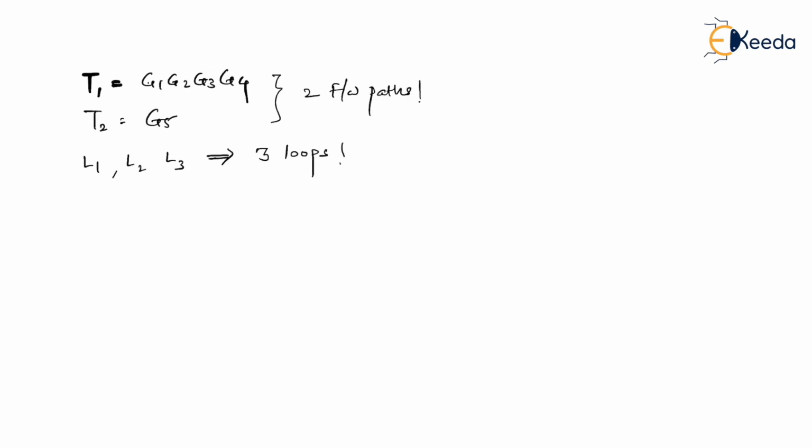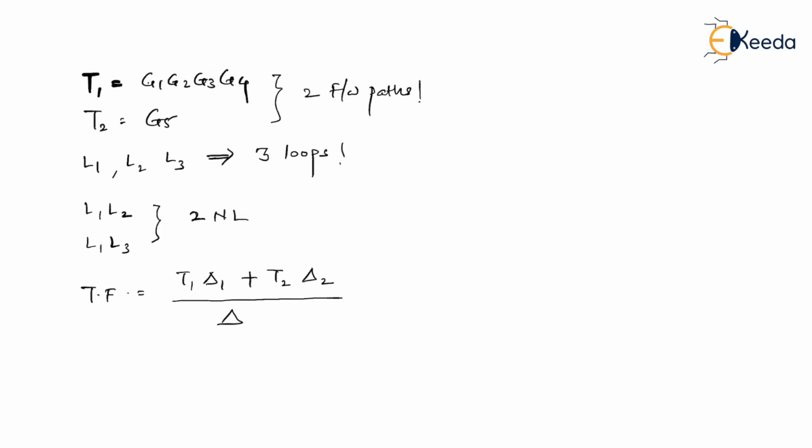We have two pairs of two non-touching loops, that is L1, L2 and L1, L3. Am I right? And we had the formula for the transfer function equal to T1 delta 1 plus T2 delta 2, whole divided by delta.